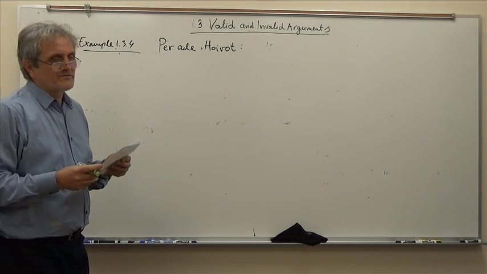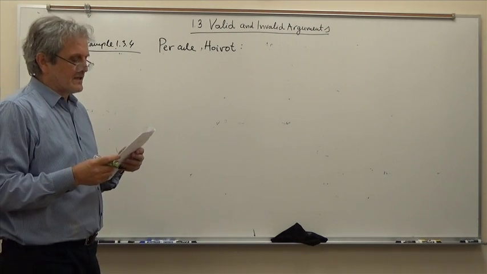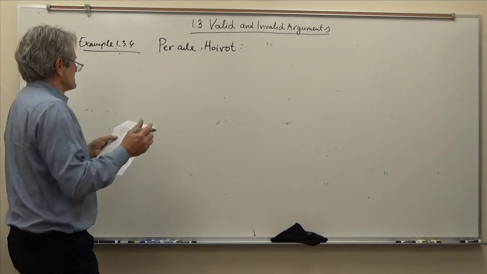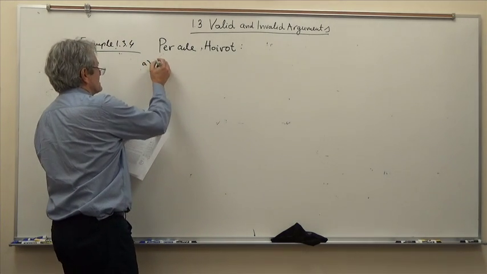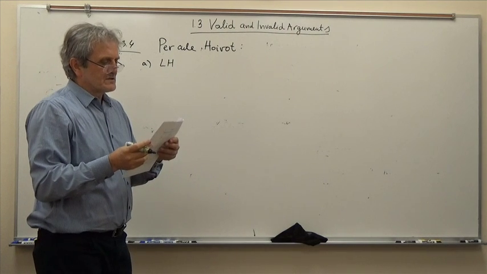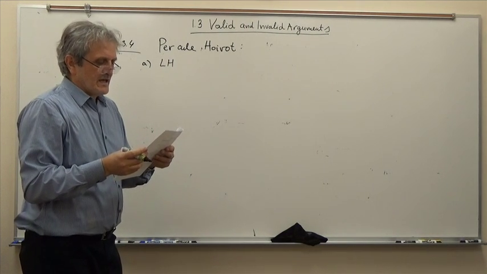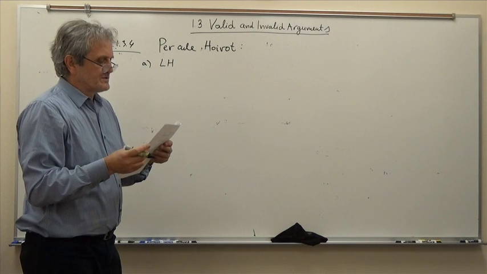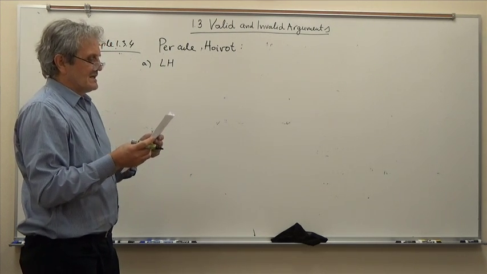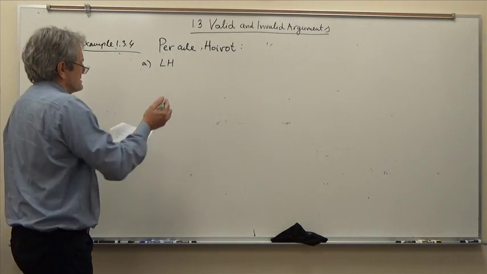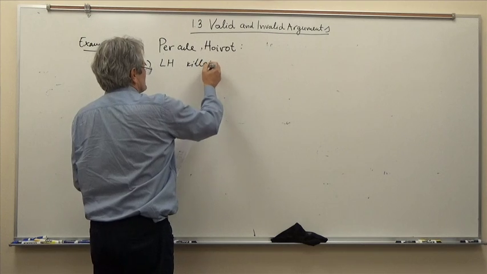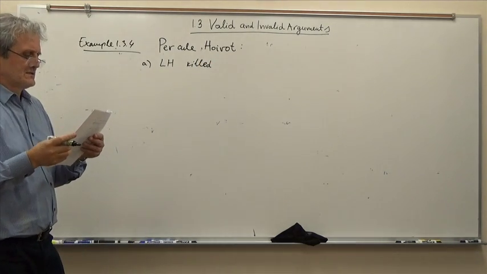And of course, facts don't look like this in real life, but this is just a little logical exercise. So in part A, they say that Lord Heselton was murdered, and he was killed by a blow on the head with a brass candlestick.